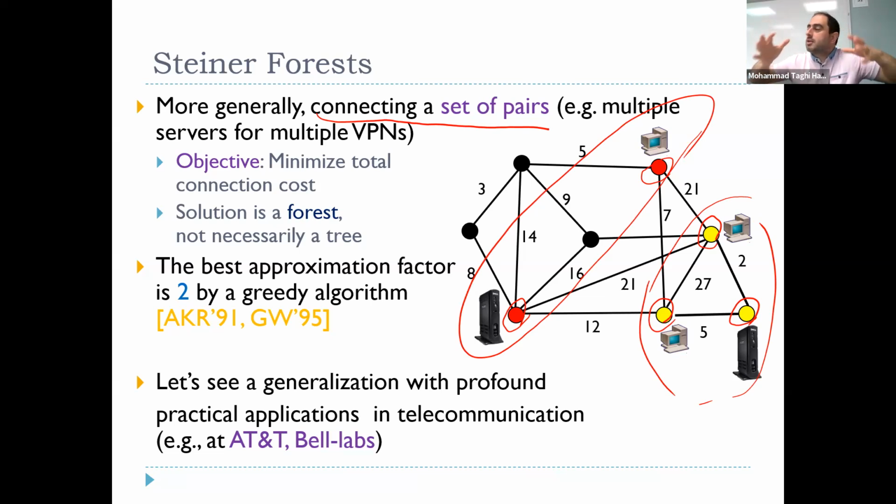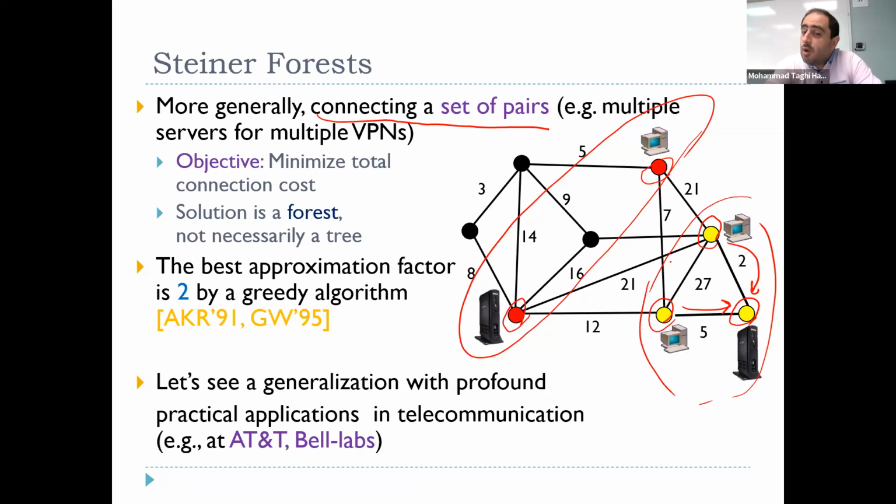So here in the Steiner tree, you want to connect everything to the same guy. Here you want to connect different pairs to each other. And in general, maybe you want to connect all 3 of them together, but you can say that, okay, connect this guy to here and this guy to here. So you can just say it in terms of the pairs always.